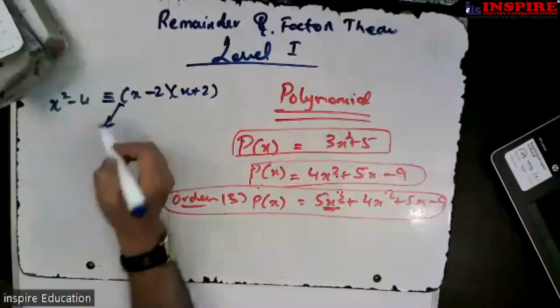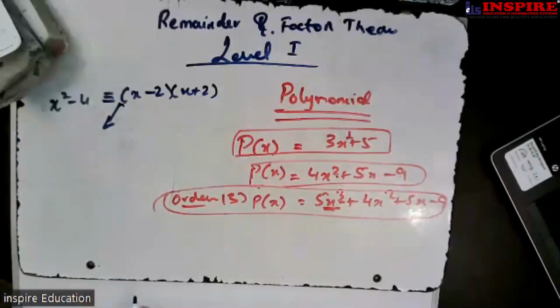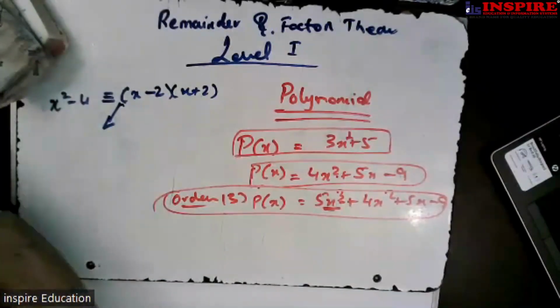That means the right side and the left side, their coefficients must be equal.